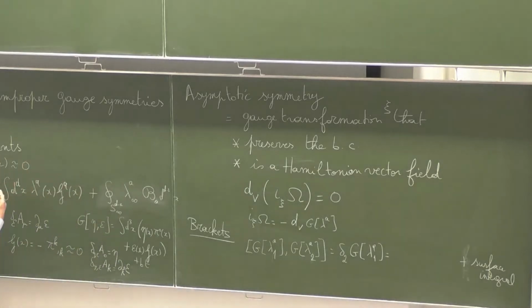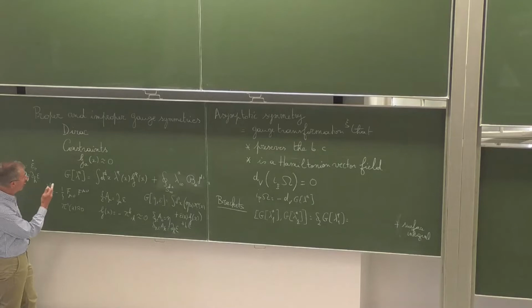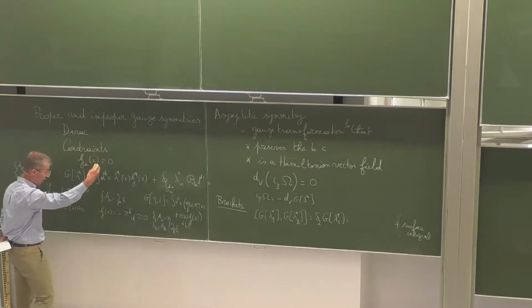Now, I should have said that before, but the constraints that come from the Dirac analysis for a gauge system, and I was assuming that all the constraints were related, the origin of the constraints was the fact that the theory had gauge invariances.